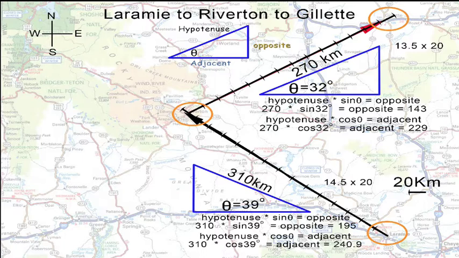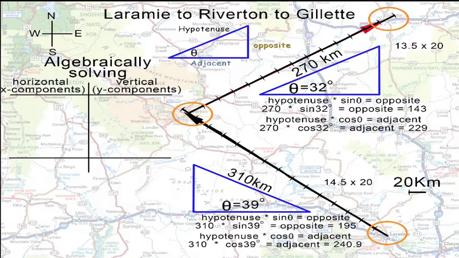Now, let's look at the components. Let's go Laramie to Riverton. Let's throw our algebraic solving table on here. We need the x and y components. There's your negative 240 and 195.